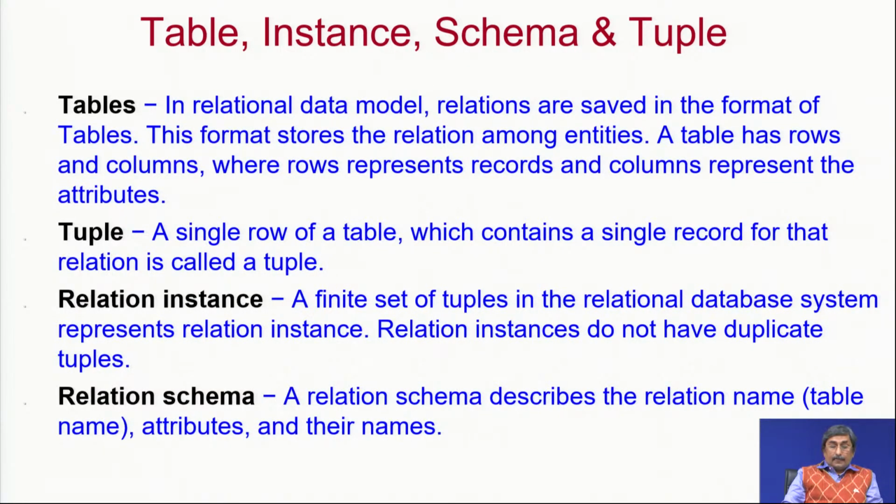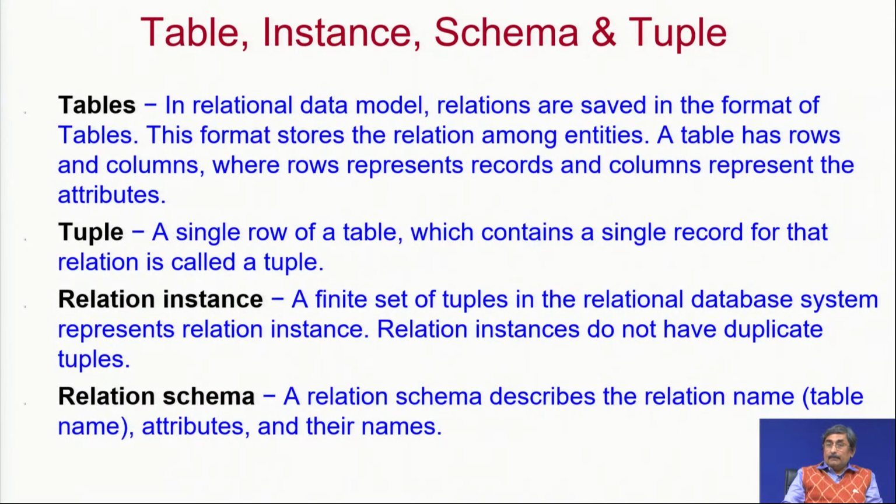What about tuple? As I said, a table has different rows, and every row is a record as far as a file is concerned. In an RDBMS every row is simply called a row, but in relational algebra it is called a tuple. So, a tuple in relational algebra is the same as a row in a relational database, and a record in the parlance of file systems.